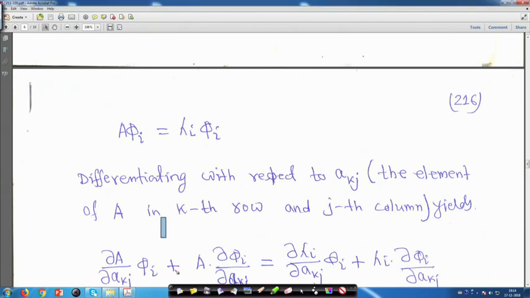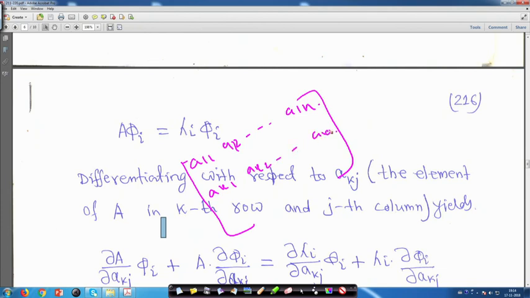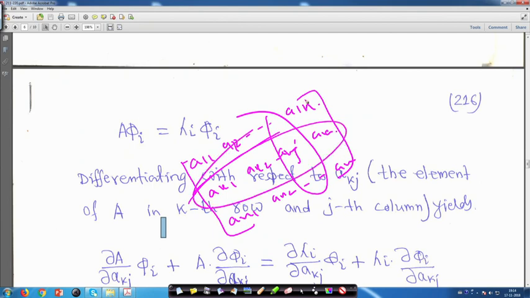It has elements a_11, a_12 up to a_1n, then a_k1, a_k2 up to a_kn in the kth row, and a_n1, a_n2 up to a_nn. Somewhere in the kth row and jth column is the element a_kj.